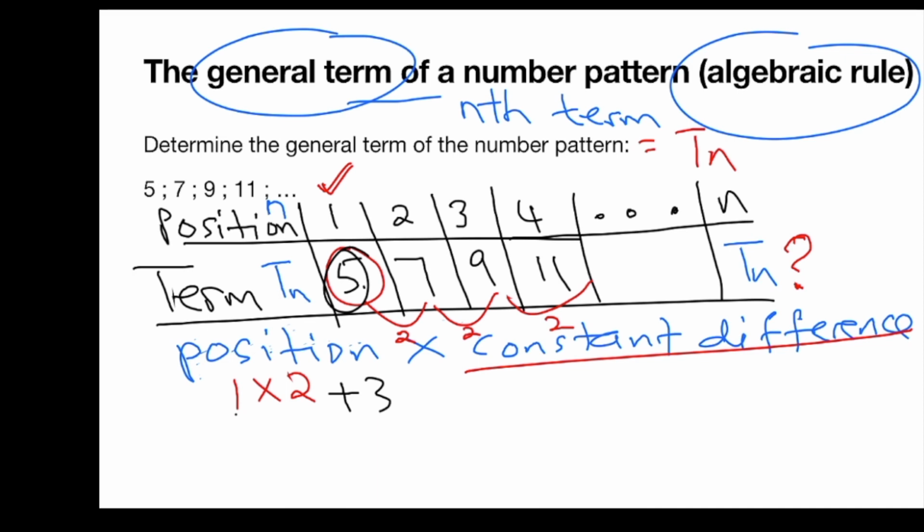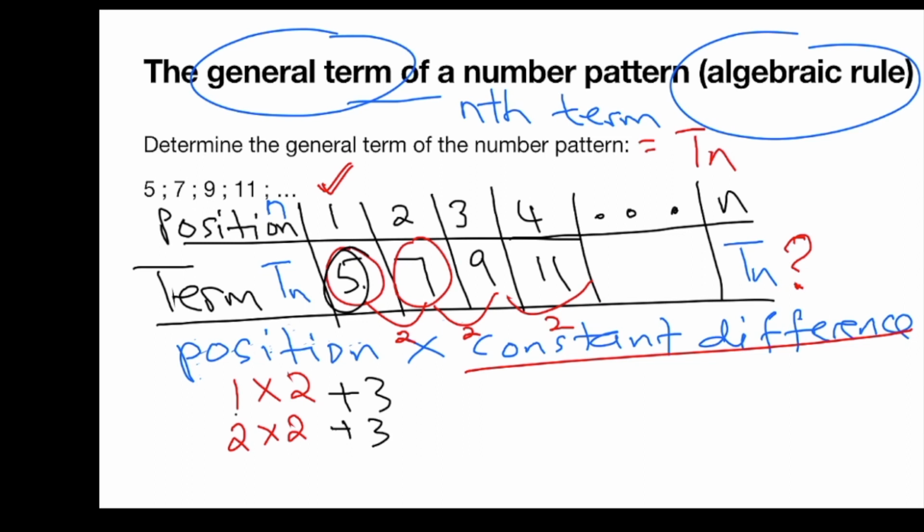Now let's check whether that is consistent with all the other terms. So let's look at 7, for instance. For 7, take the position, which is 2, multiply that by the difference, which is also 2. Clearly the answer is 4. But for you to get a 7, you need to add a 3.